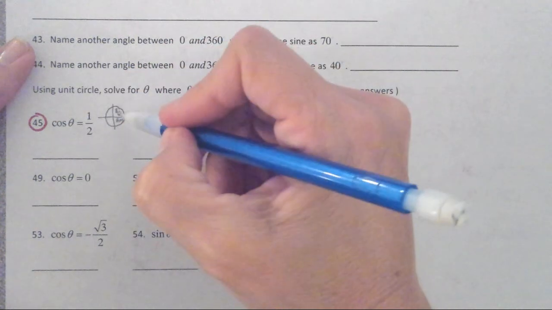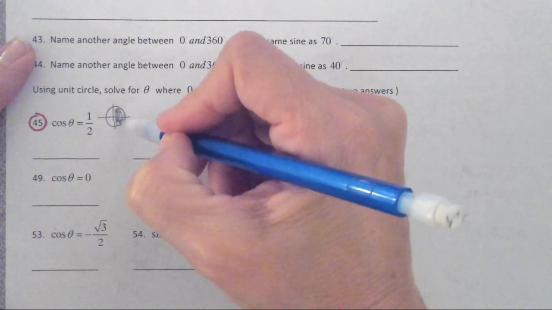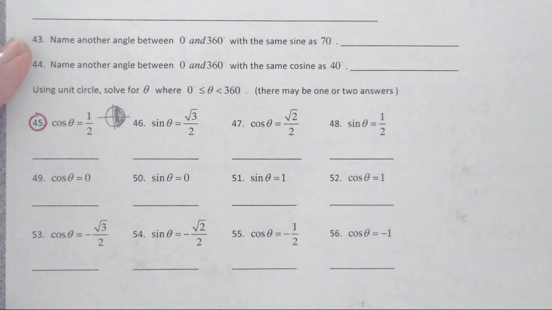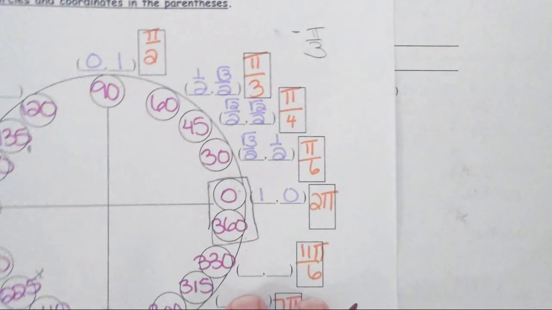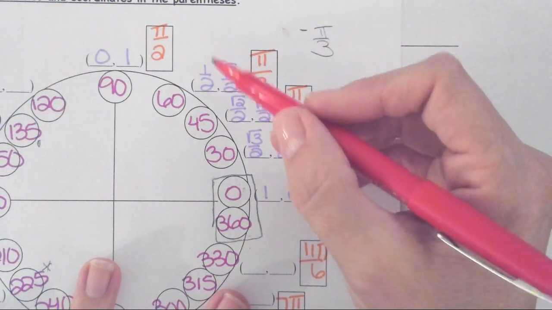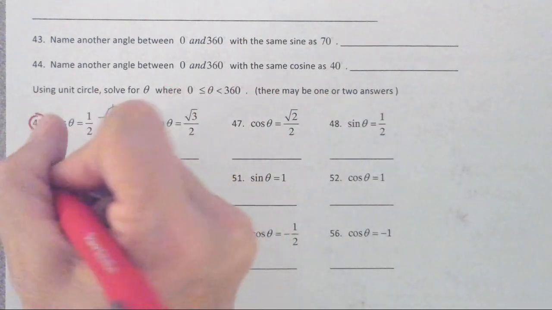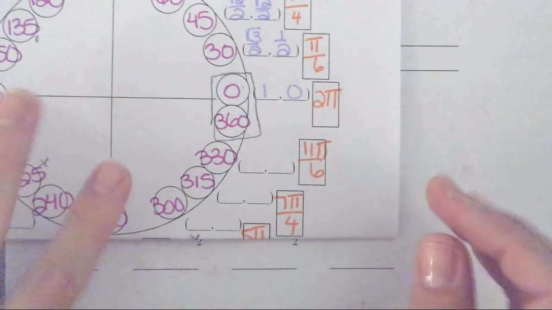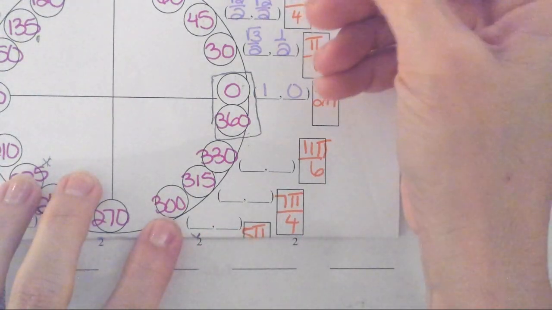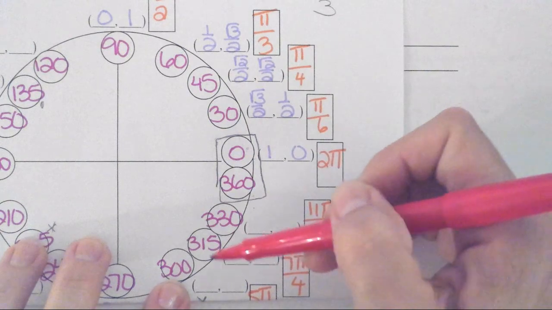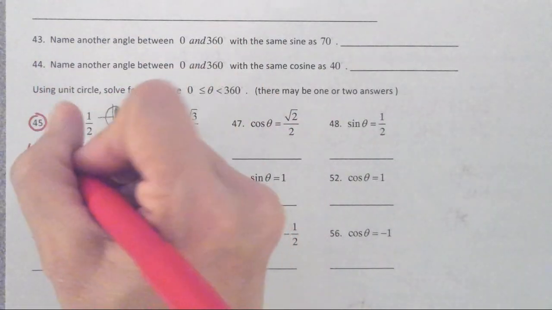So after I know what quadrants I'm going to look in, now I'm trying to decide where it is positive 1/2. You go to your circle if you need to, and you're looking for where x is positive 1/2. X is positive 1/2 at 60 degrees. But I'm also looking over here in quadrant 4. So if I were to flip this over, it's a reflection, which is where the 300 degrees is.